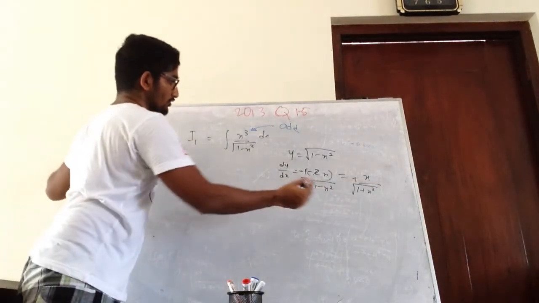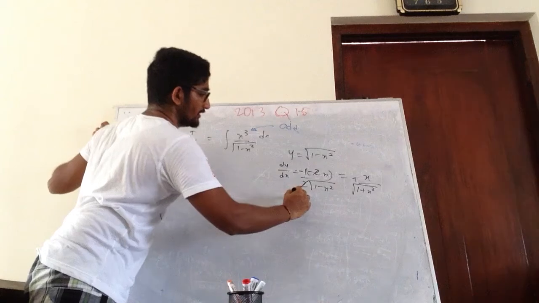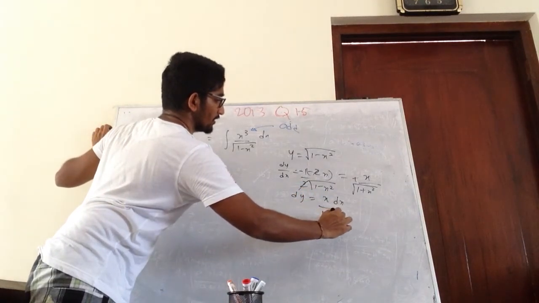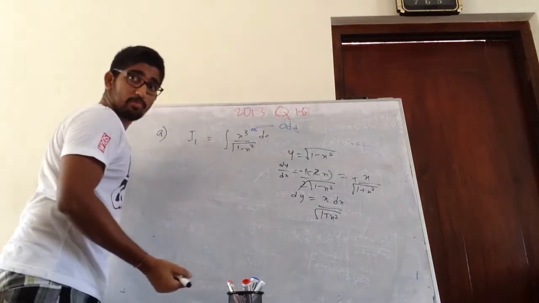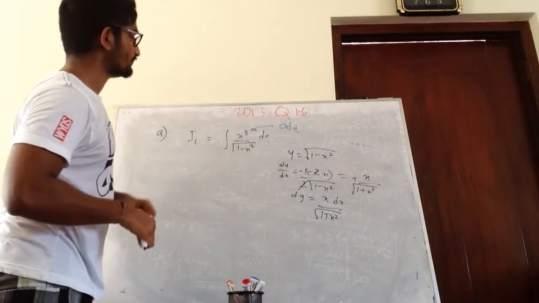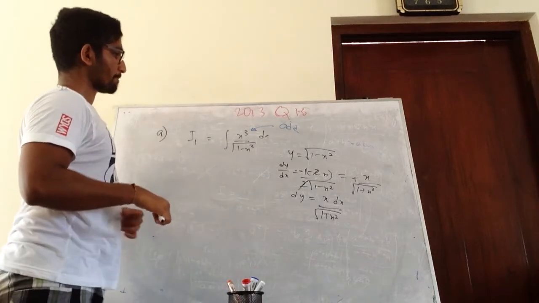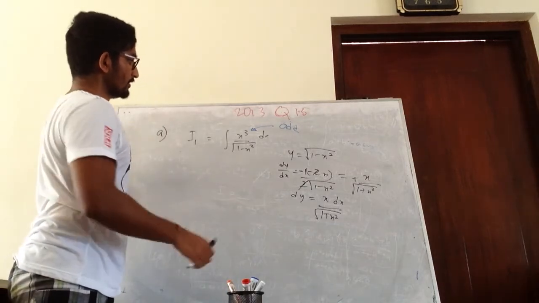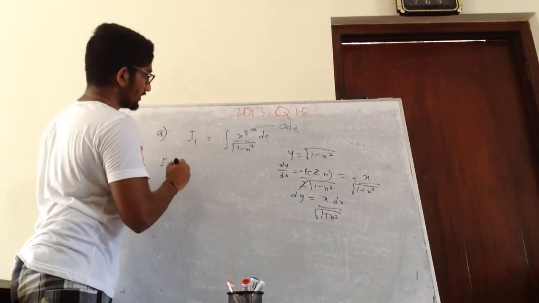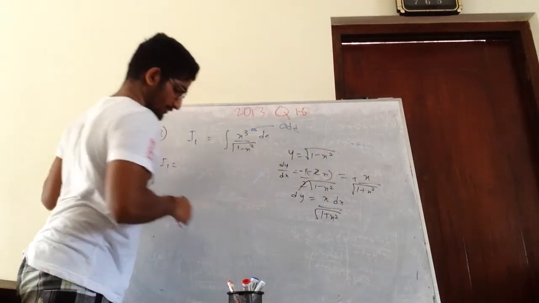So basically you get dy as minus x dx over root of 1 minus x square. Correct? So now basically you have to substitute now. Okay.